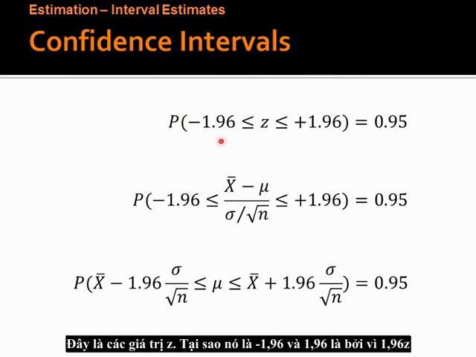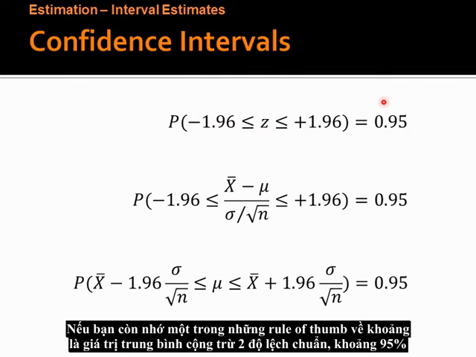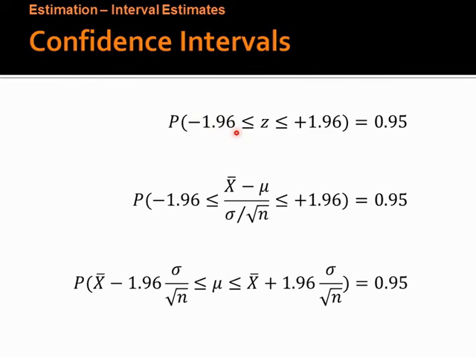Now, why is it plus and minus 1.96 here? Because plus minus z of 1.96 gives me exactly 95%. If you remember, one of the rules of thumb we heard was that the mean plus minus 2 standard deviations gives you about 95%. The reason we say about 95% is because it's not exactly 2 standard deviations. It's 1.96 standard deviations.